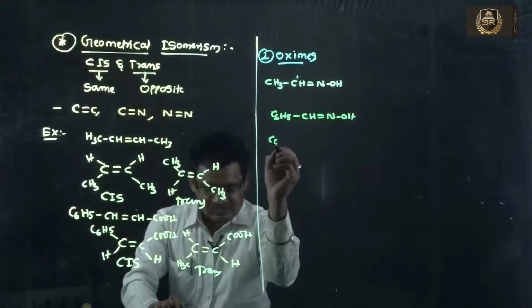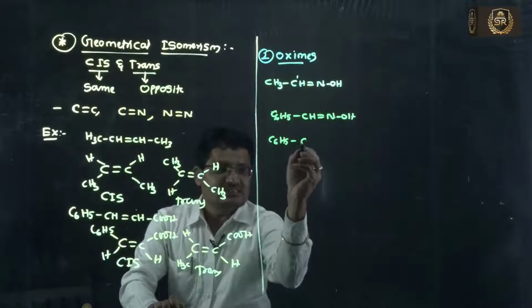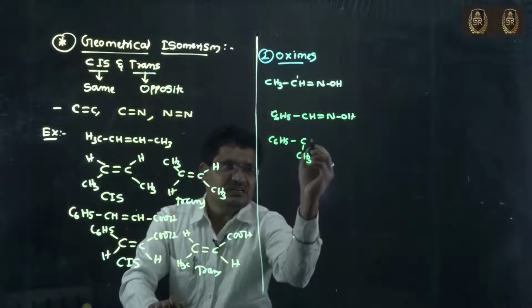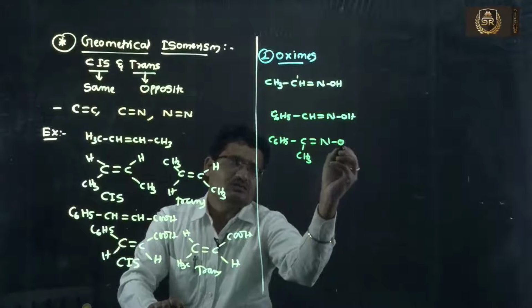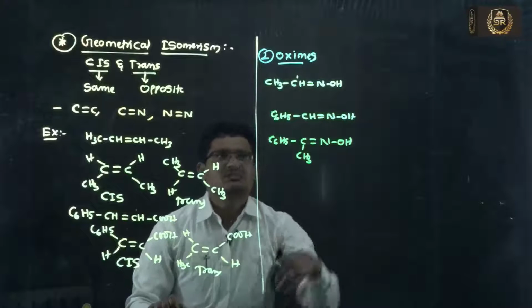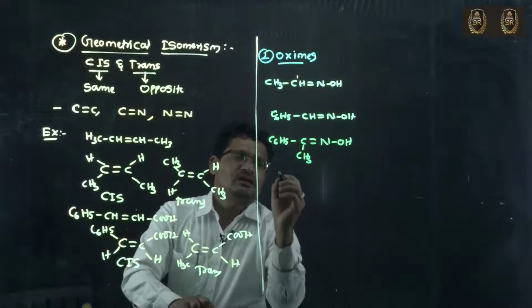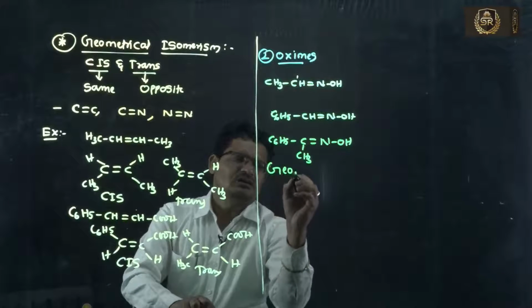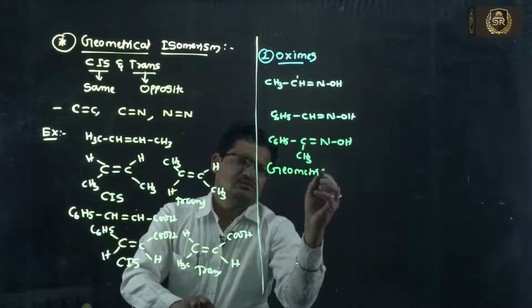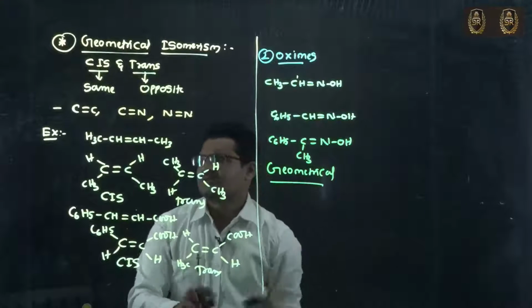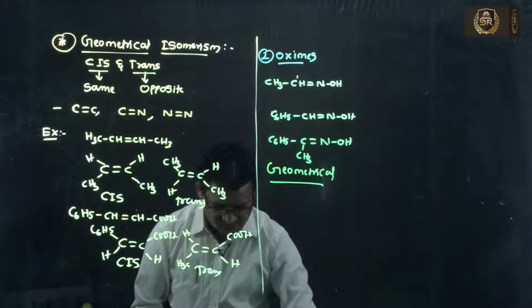Next one, C6H5 C(CH3)=NOH. All of these contain geometrical isomerism, nothing but cis-trans isomerism.